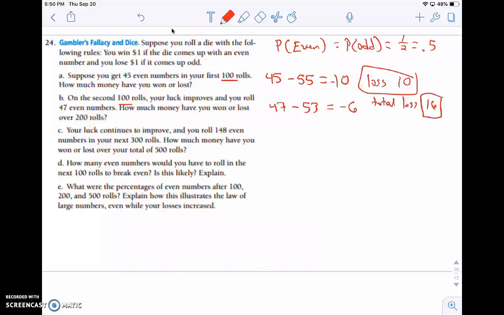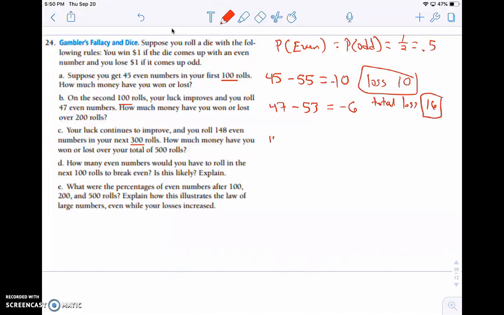Now your luck continues to improve, and you roll 148 even numbers over the next 300 rolls. So how much money have you won or lost over the 500? So again, this 300 is counting towards the 100 or the 200 prior to that.